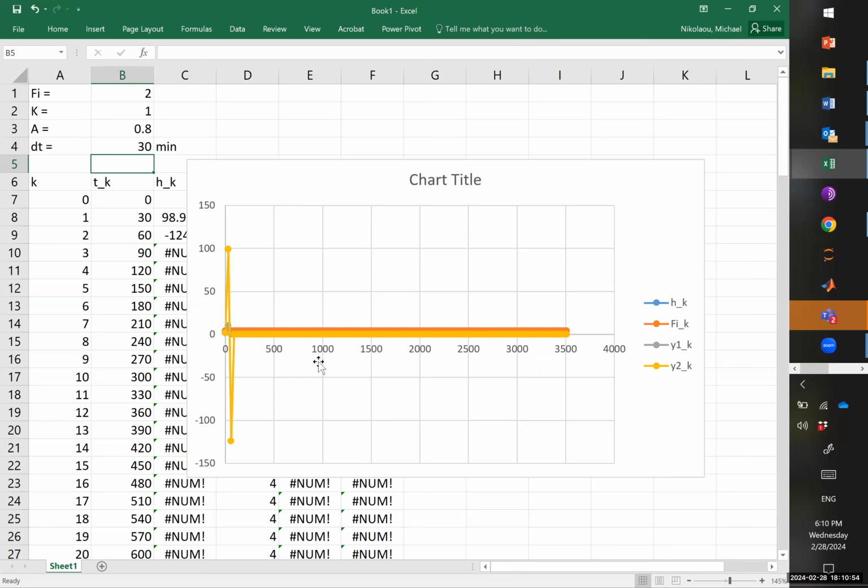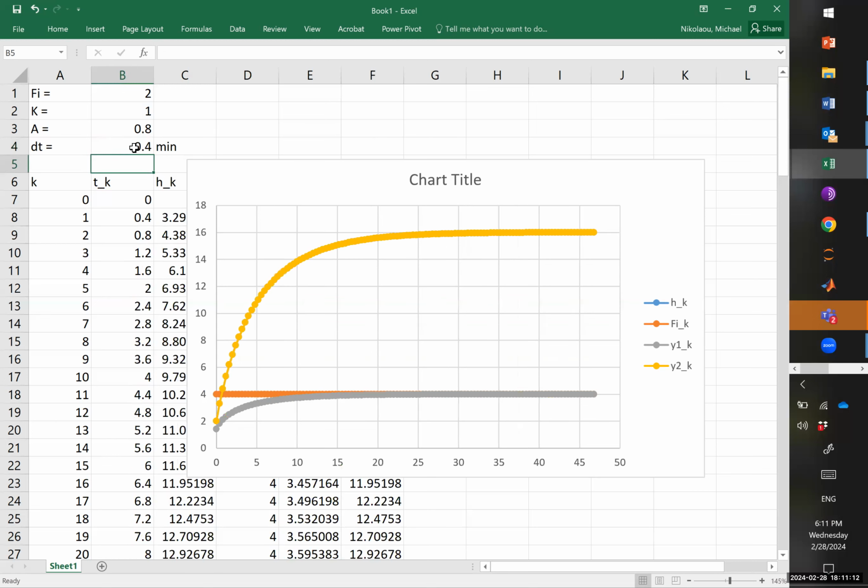This clearly says that my system simulation is not very good. You see the NaN here, all the blow-ups here, right? And 30 minutes would not be a reasonable sampling period. A reasonable sampling period would be 0.4 minutes. That's pretty good. My system works.